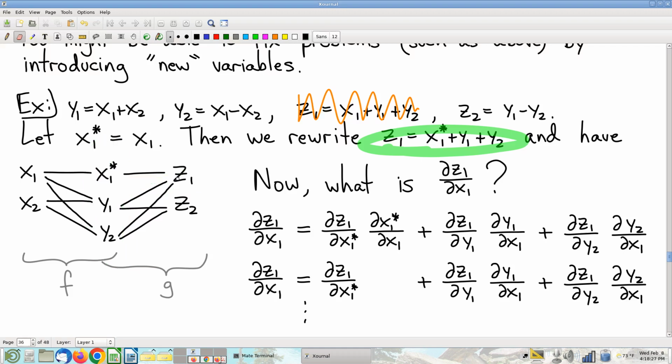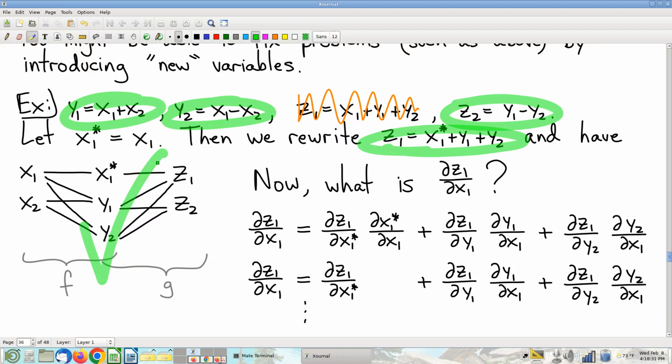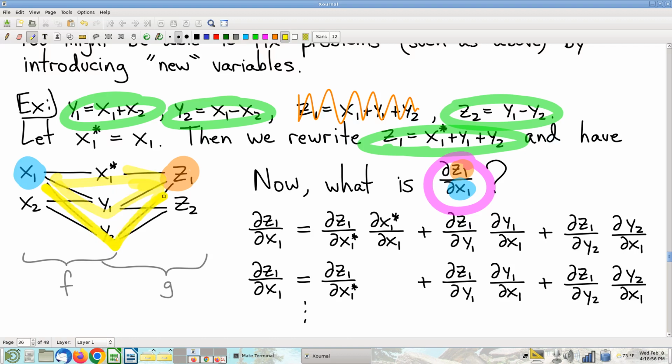So we've got our four equations. We've got a diagram representing the functions relating in these equations. And I want to compute the partial of z1 with respect to x1. Well, z1 is there. X1 is here. And I've got three different paths, thus giving me three different terms.